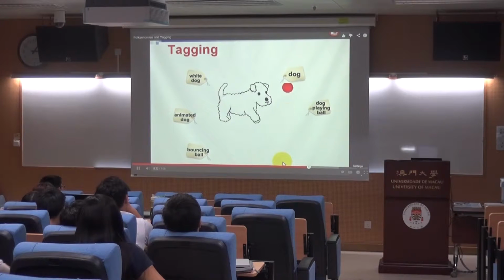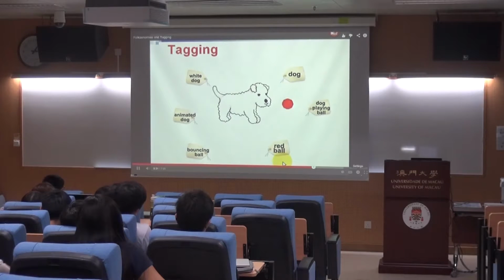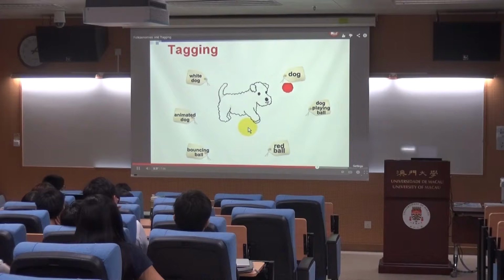Dog playing ball. And a red ball. And I'm sure you can think of many other types of phrases that would represent this picture that we see. So we use tags to associate meaning to some type of web content.